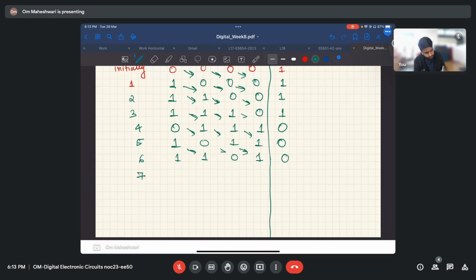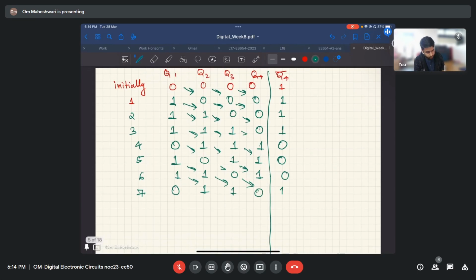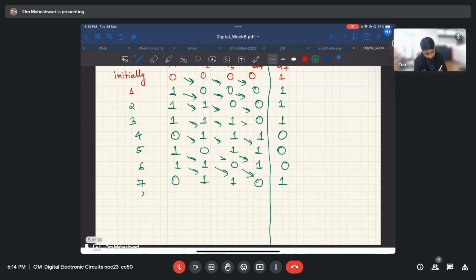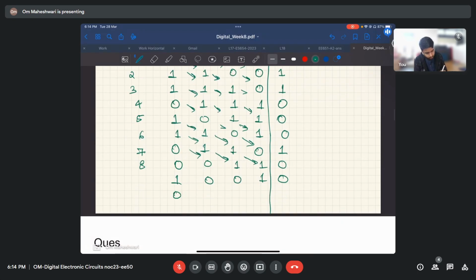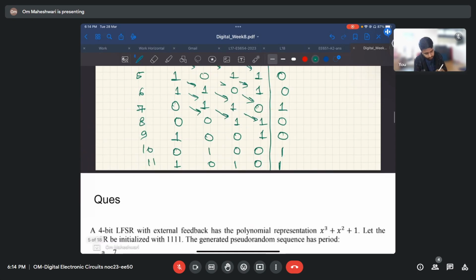Now in the seventh cycle, 0 XOR 0 is 0, and these will shift. Now Q4 bar is again 1, 1 XOR 1 is 0, and we continue the same way, checking each cycle.